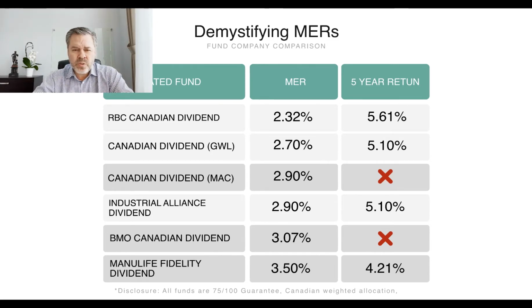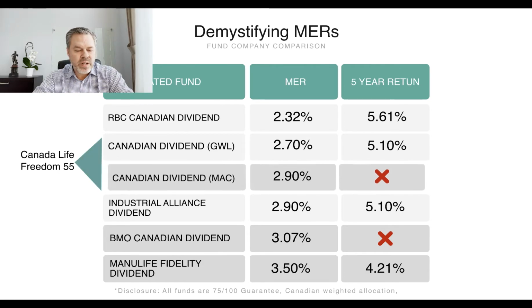The 2.32% for the RBC fund, that's the MER, the cost, with a 5-year return of 5.61. The Canadian Dividend Fund managed by Great-West Life is 2.7%, with a 5.1% rate of return. The Canadian Dividend Fund offered by Mackenzie Financial is 2.9%. It's a relatively new fund, so there's no 5-year return.